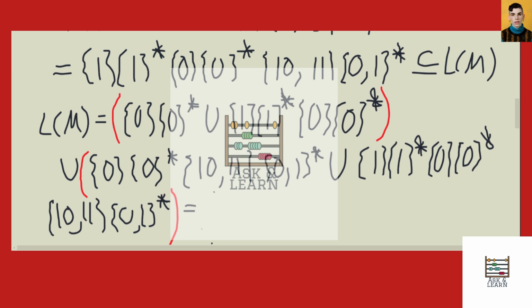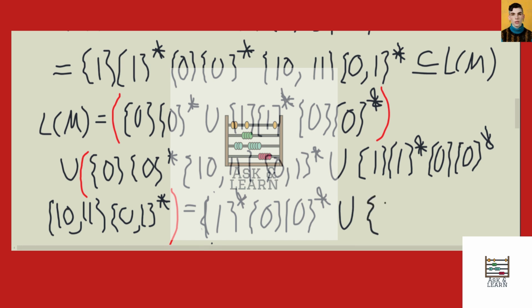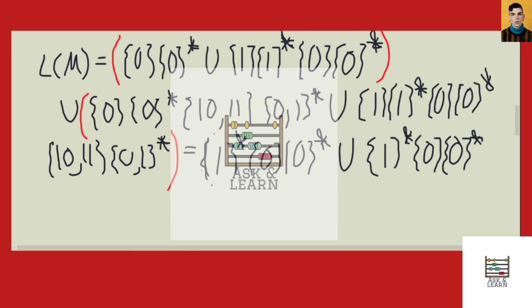And the first two can be combined to give us 1 star 0 0 star, and then union with the other two sets, which can be combined to give us 1 star 0 0 star, and then next to that we have 1 0 1 1 0 1 star.